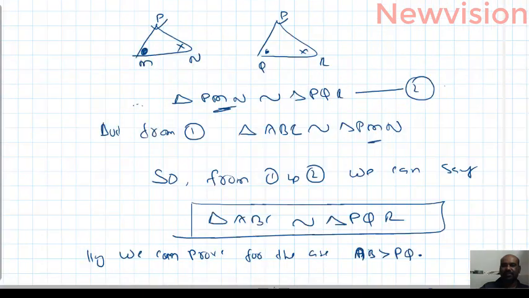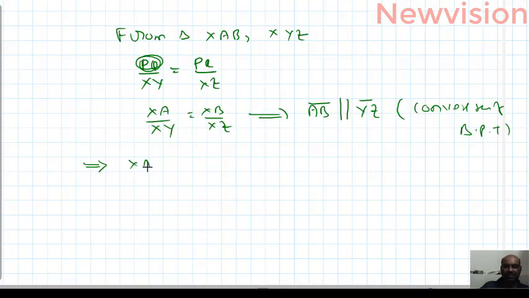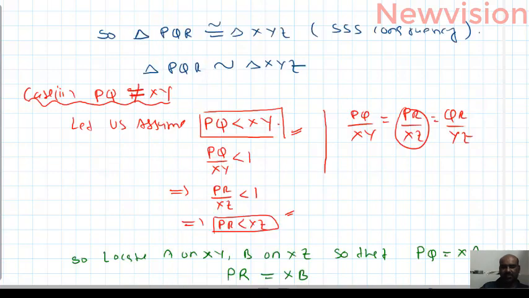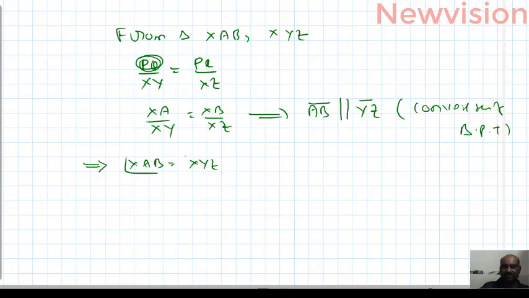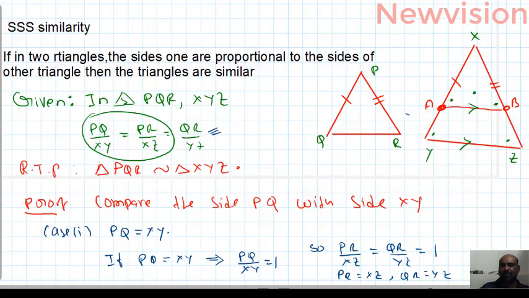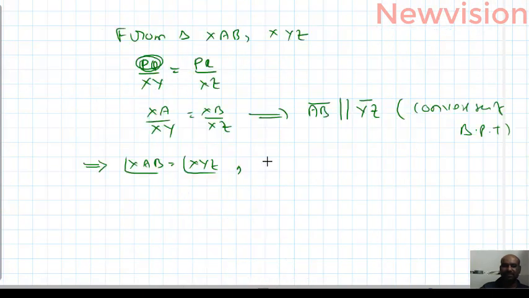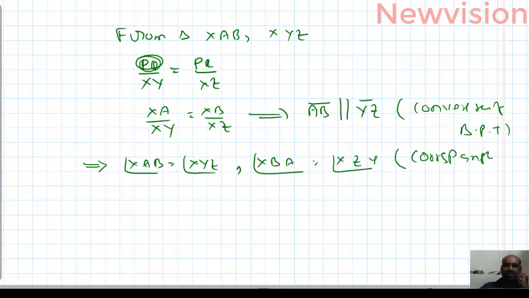Angle XAB equals XYZ, and XBA equals XZY. From AB parallel to YZ, I will write corresponding angles are equal. Again and again I am explaining, two parallel lines cut by a transversal, their corresponding angles so formed are equal.